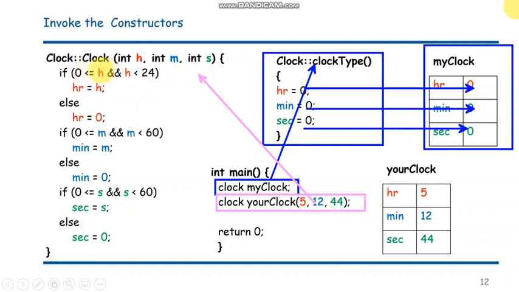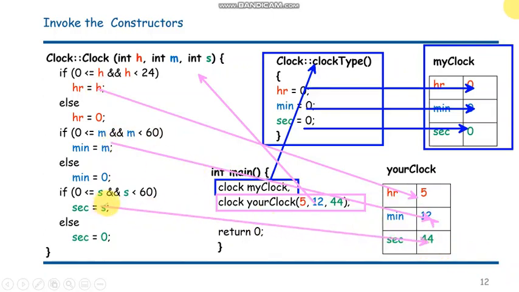It is then going to check, for example, 5, is it between 0 and 24? If that's true, it is going to copy that value into the object. It is also going to check the minutes, and copy that value into the object. And lastly, it is also going to check the seconds, and copy that value into the object.